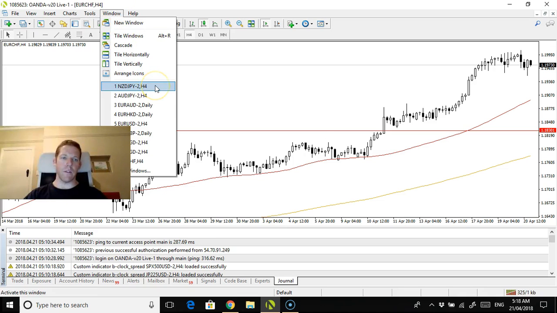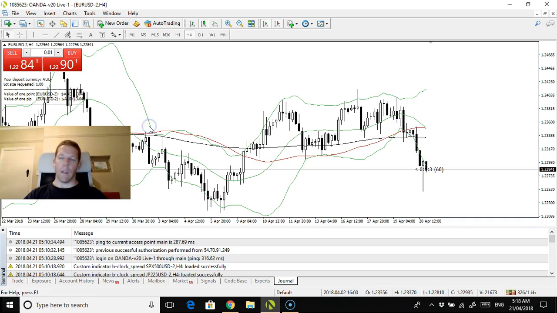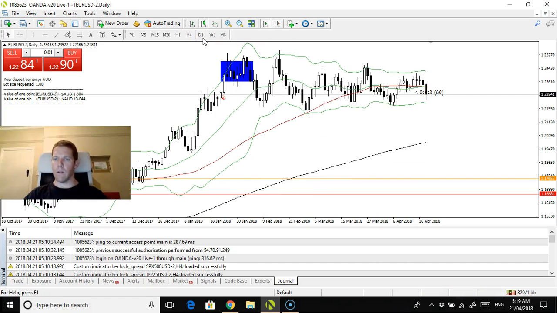So let's go across the majors now and have a look at the euro. How did that end? Whew, it's quite a substantial wick on that candle there. The daily is very range bound. These lines here, that's the 55, that's the 200.